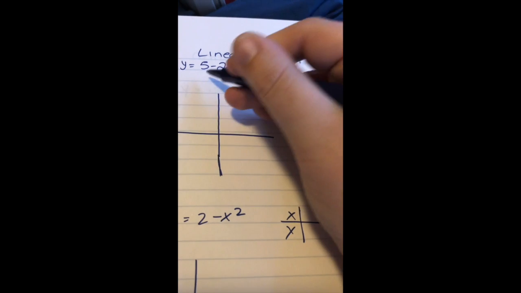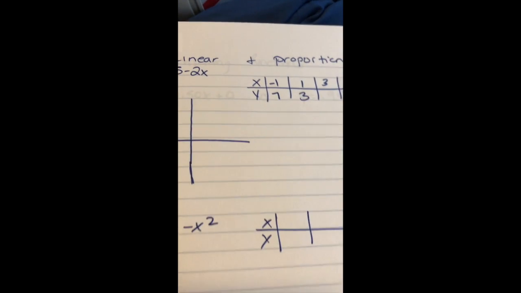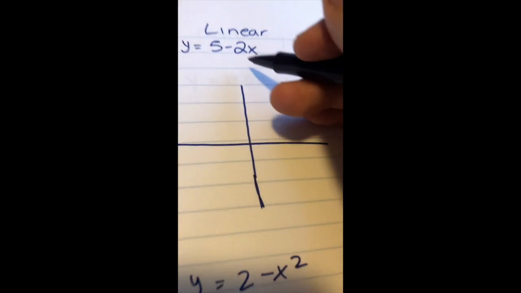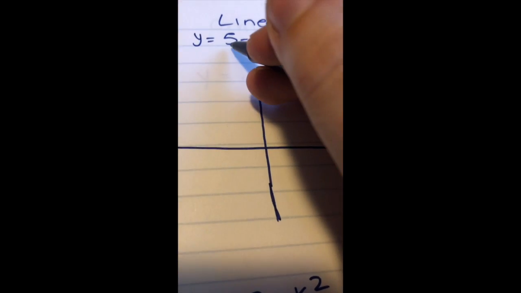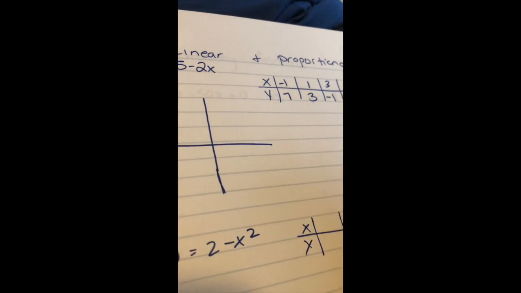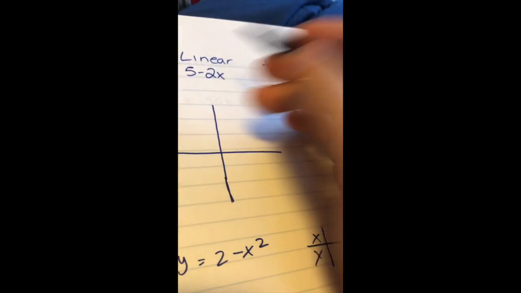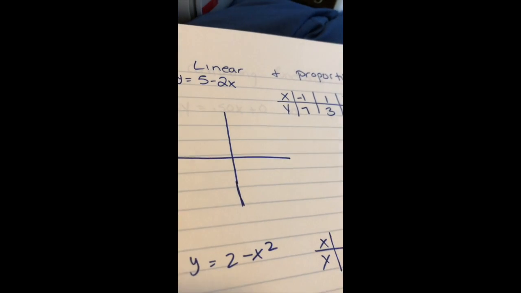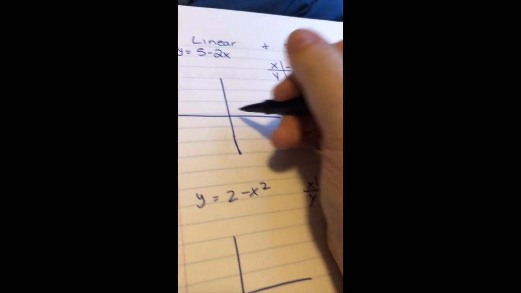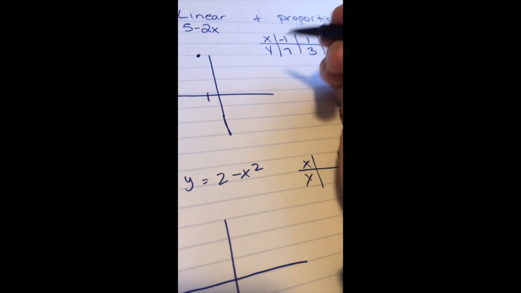If we plug in 1, we're going to get 1 times 2 is 2, 5 minus 2 is 3. If we plug in 3, we're going to get 2 times 3 is 6, 5 minus 6 is -1. And then if we plug in 5, we're going to get 2 times 5 is 10, 5 minus 10 is -5.